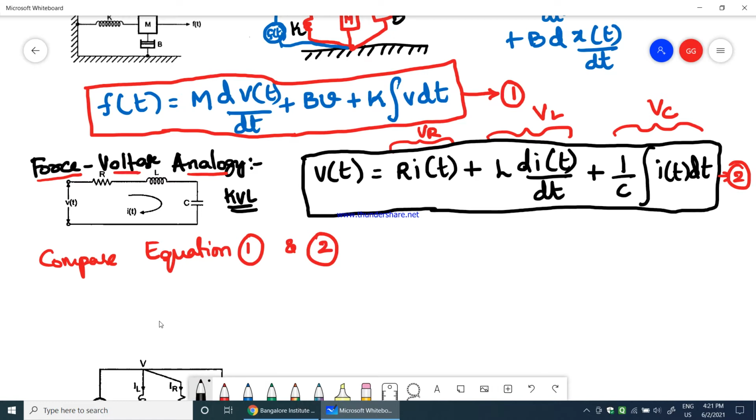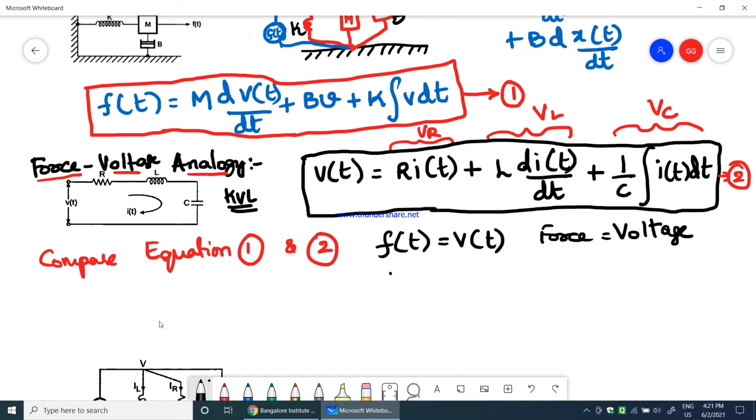In equation 1, F of t will be equal to V of t. So force will be equal to voltage. You are just equating the like terms.